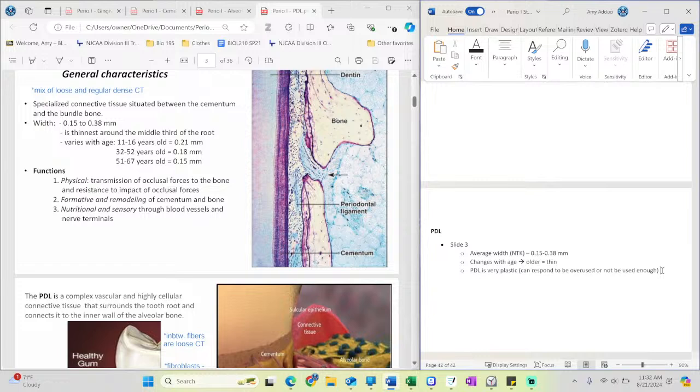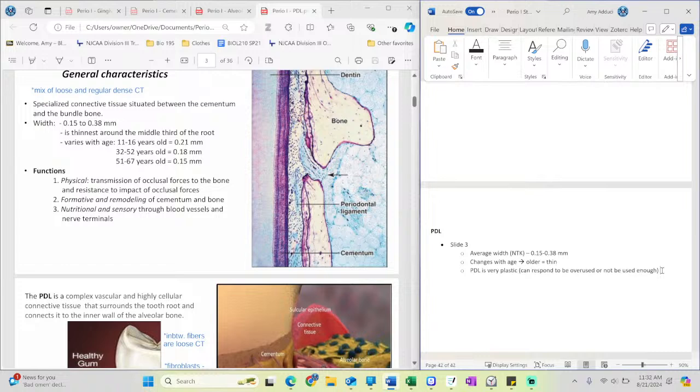Therefore, the width of the PDL is going to become thin. So remember the average width. Remember that with age it becomes thinner, but also remember that it responds to overuse or not use at all.